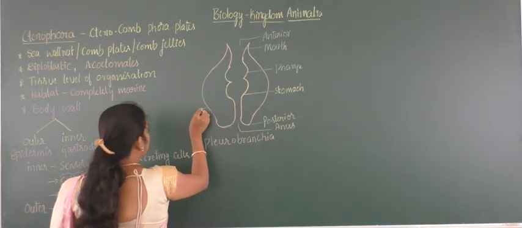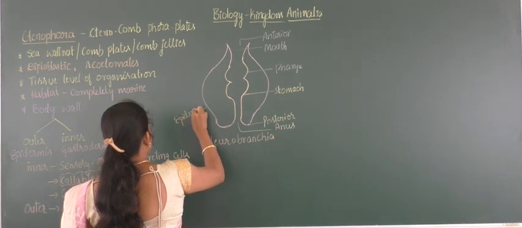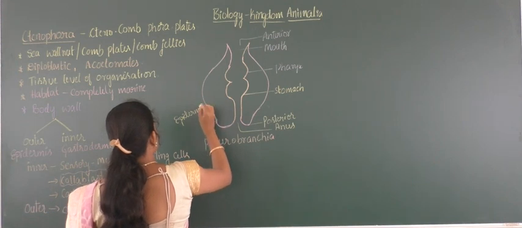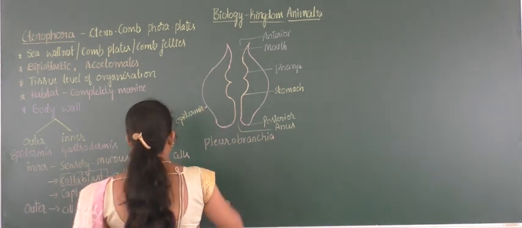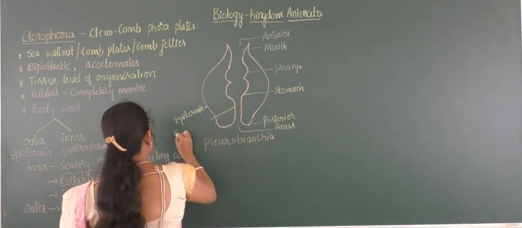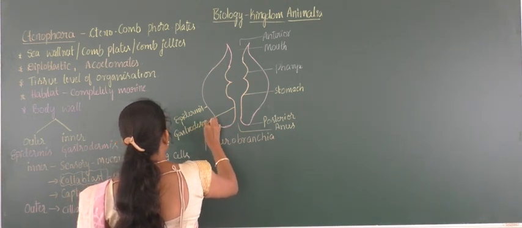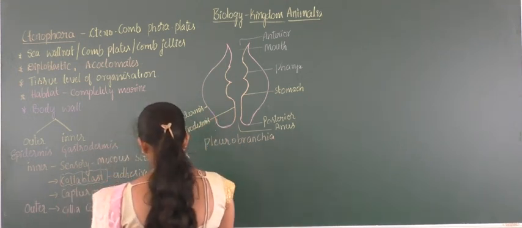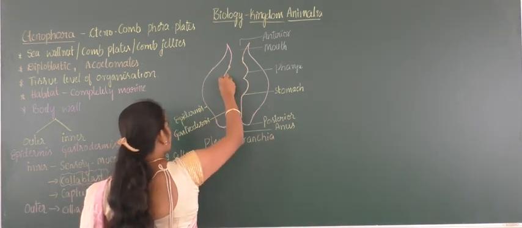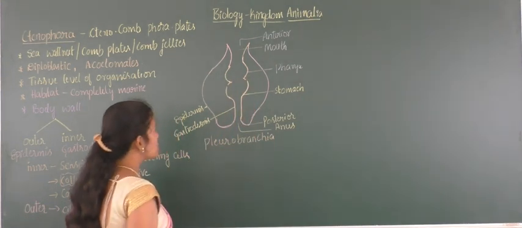So this is considered as the epidermis, this is called the epidermis, and later this portion, or otherwise you can say the gastrodermis. And after this there will be an extension of a tube-like structure from the stomach, and that is called the canal structures.